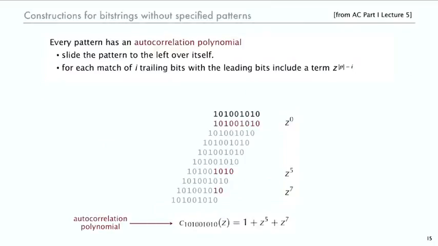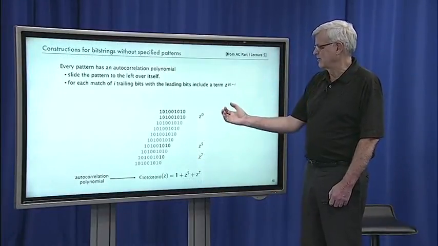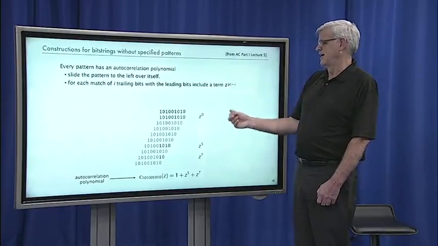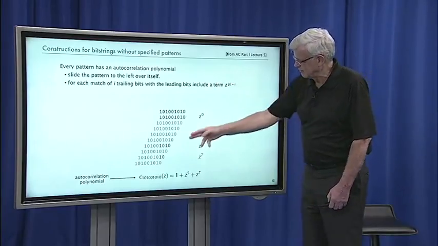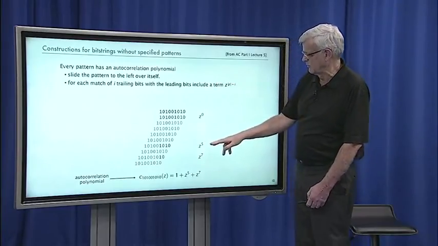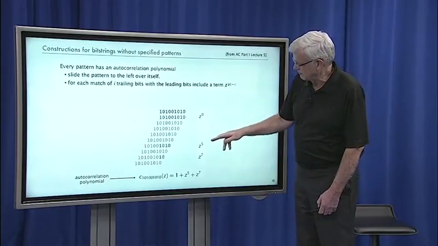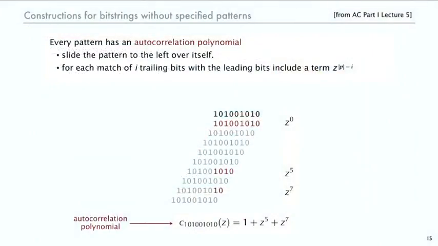The second construction is a little bit more complicated. It's developed in terms of what's called an autocorrelation polynomial, where we slide the pattern over itself to the left, and if the trailing bits match the leading bits, then we include a term. So 0 shift makes a match, but after a while, if we shift 5 positions, then 1010 matches the leading bits and so forth.